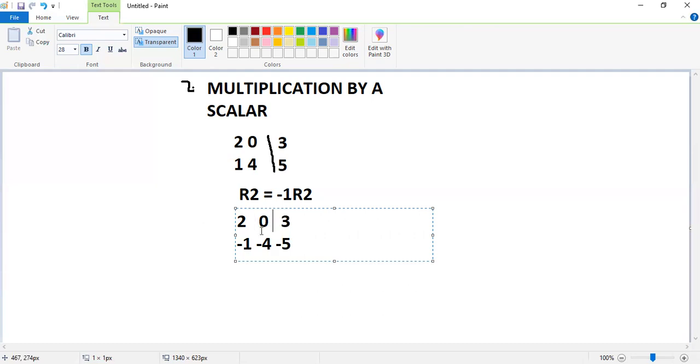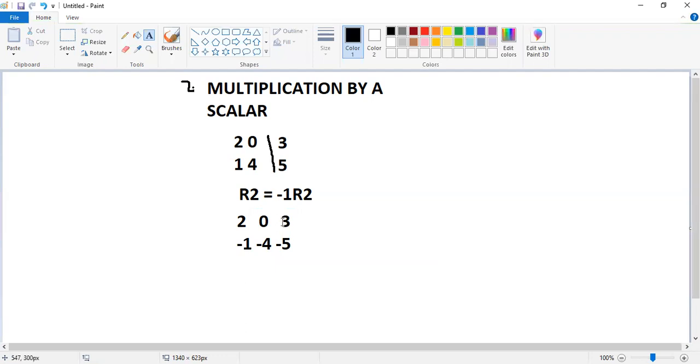So this is how it will look. So now this will be the result. So you can multiply a row by a scalar, any number except 0. So that's the second operation.